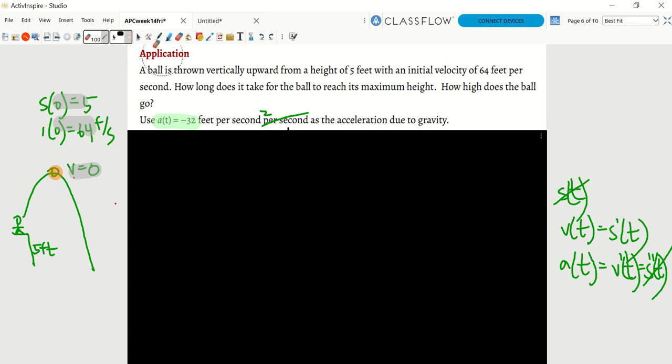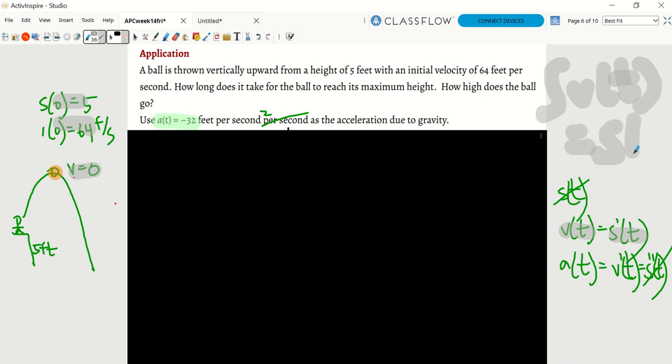Now, if we just go backwards, we can say that the antiderivative of the velocity function is the position function. I'm going to use that integral notation. The antiderivative of the velocity function is equal to the position function, okay, I can say that.